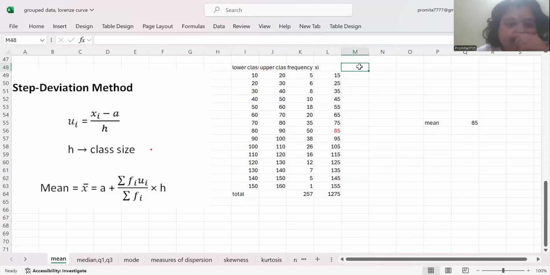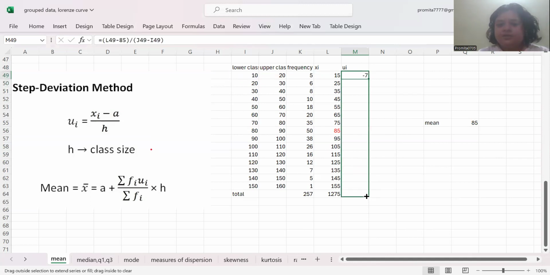So first we calculate ui. So ui is basically equal to mid value minus the middlemost mid value, which is 85 in our case, divided by upper class boundary minus lower class boundary. So this is my ui. So we drag and drop.